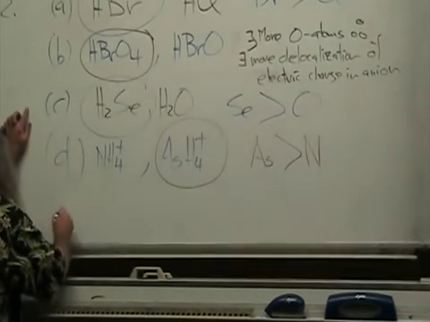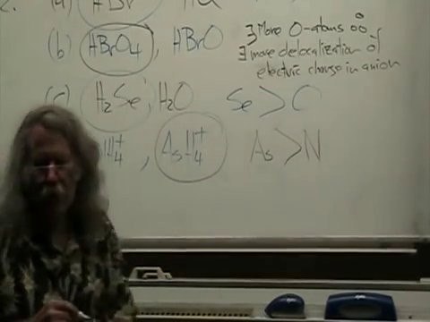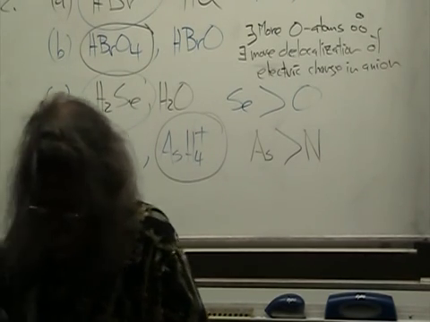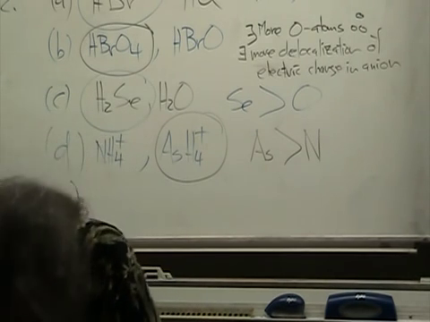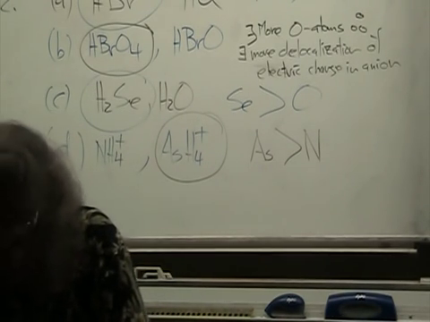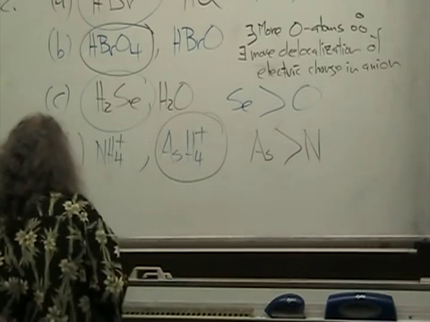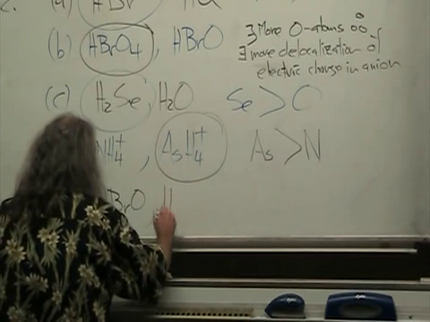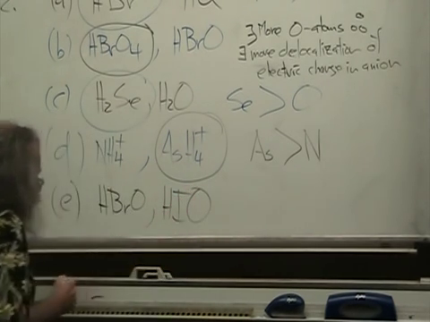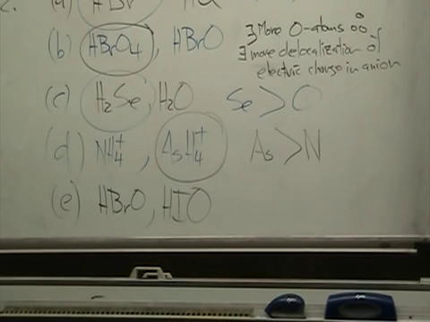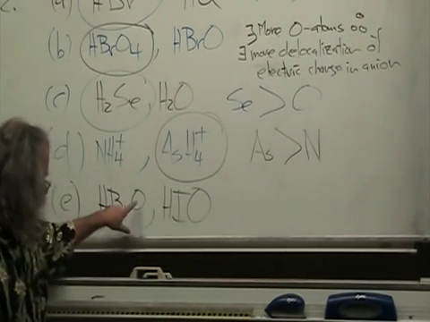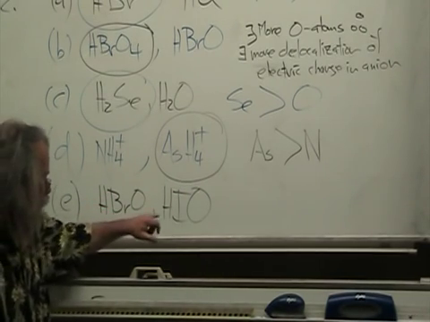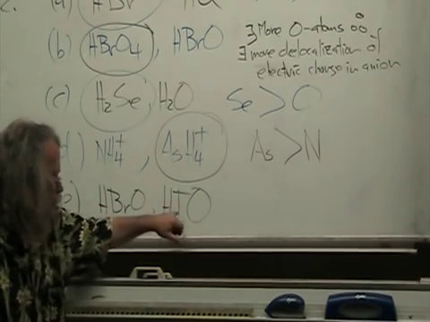And last but not least, we have hypobromic acid versus hypoiodic acid. Well, now, all things are equal in terms of the number of oxygens and the number of hydrogens. What is different is the heteroatom here, bromine versus iodine.